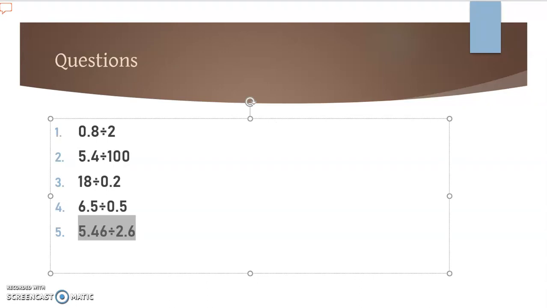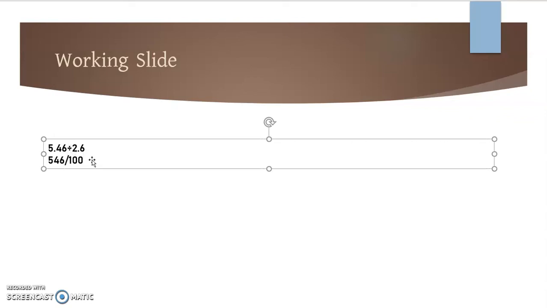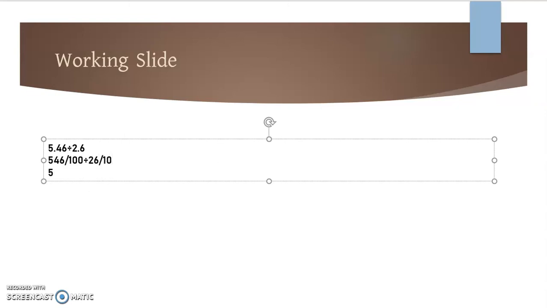Next question, 5.46 divided by 2.6. Here 546 divided by 100, divided by 2.6 is basically 26 divided by 10. We'll take the reciprocal, 546 divided by 100 into the reciprocal of 26 by 10, 10 by 26.